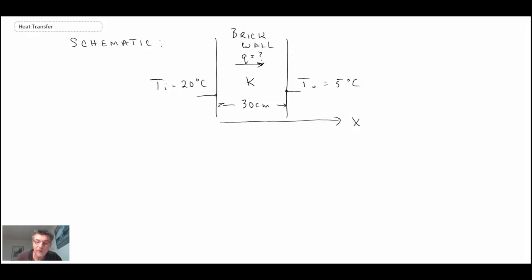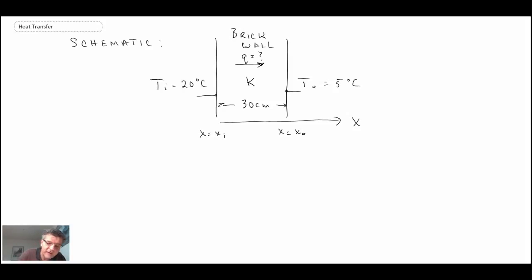That will be Q. One of the things you have to be very careful with in applying Fourier's law is making sure that you have the right coordinate system with your temperatures. So here we will say x is equal to x inner, and then x is equal to x outer. And you'll see why in a moment when we put the values into Fourier's law.